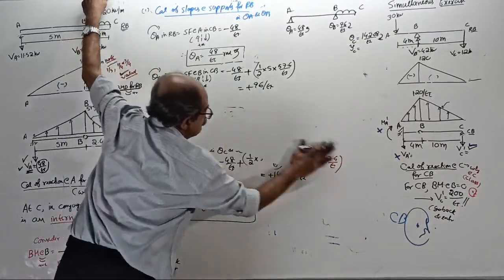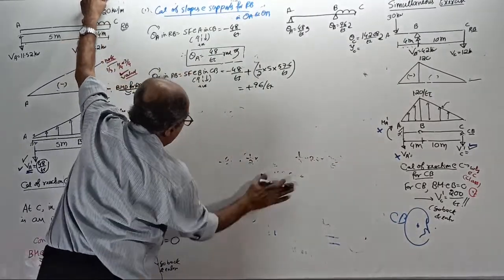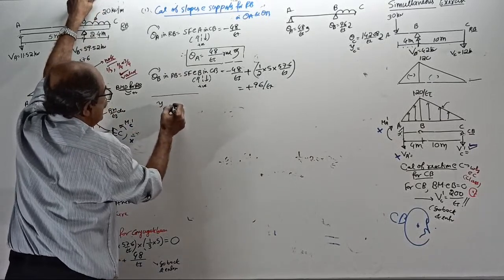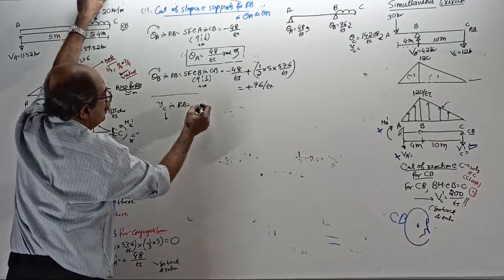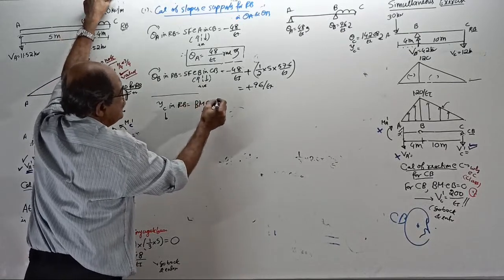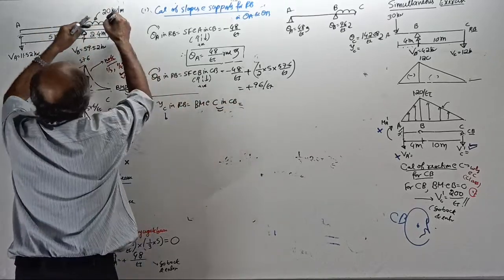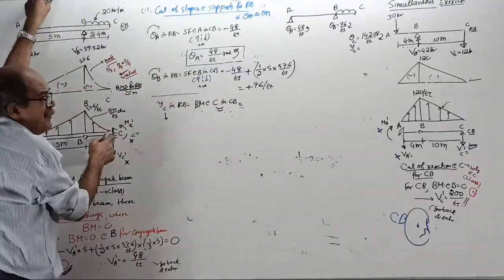Next you want deflection at C, down in the real beam, equal to the bending moment at C in the conjugate beam, sagging positive. Deflection here is bending moment here.